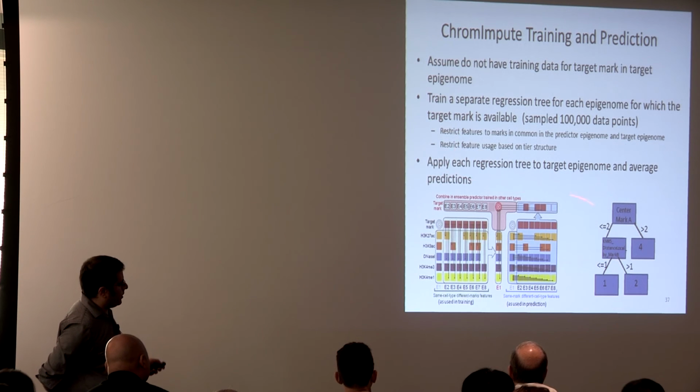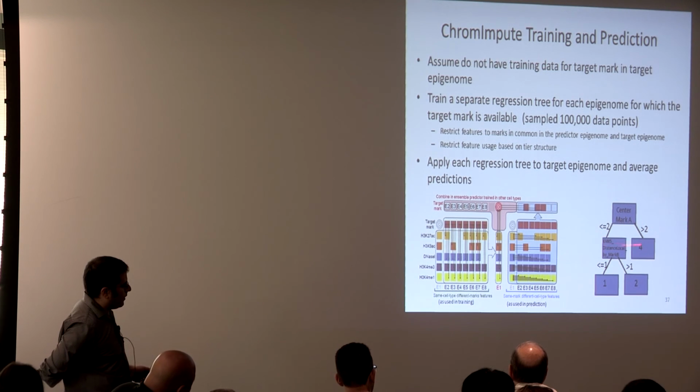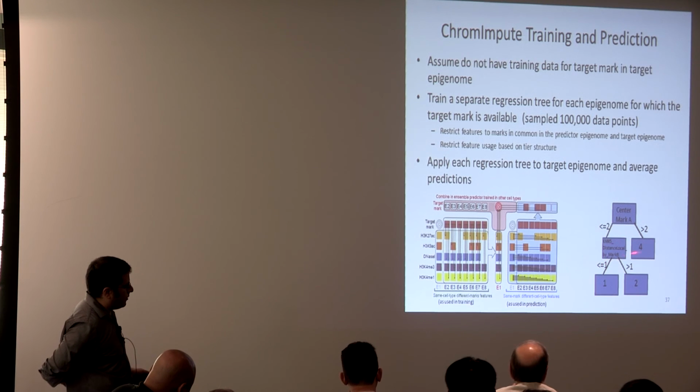We're constructing trees which have splits on different features. So we select what features to split on, and then we follow whether we're less or greater than some feature. And when we reach a leaf node, we have some numerical prediction.